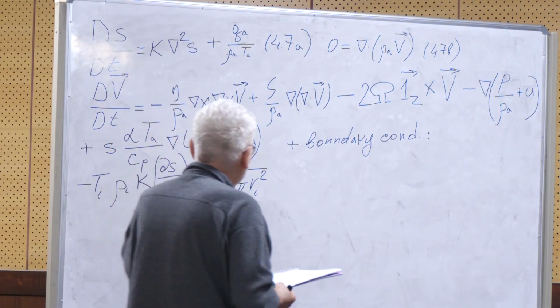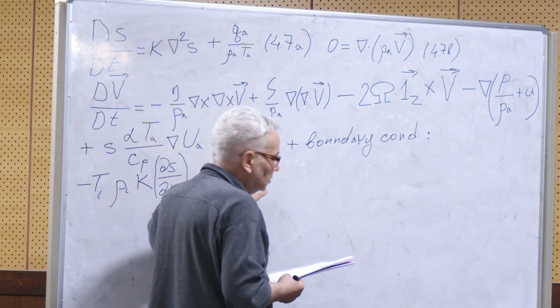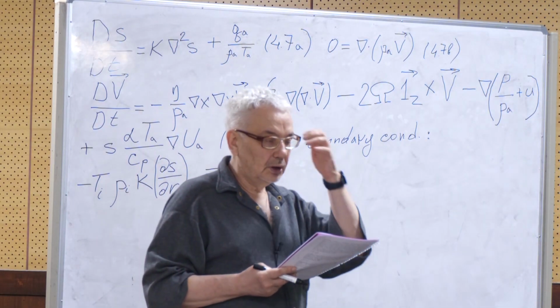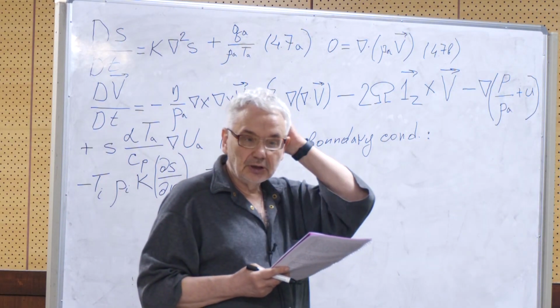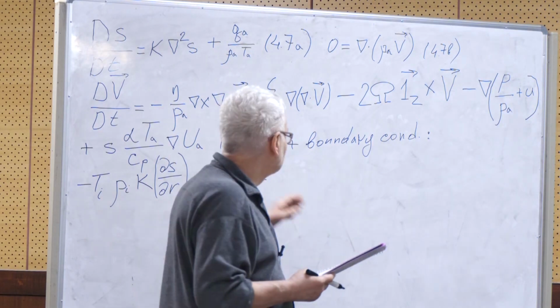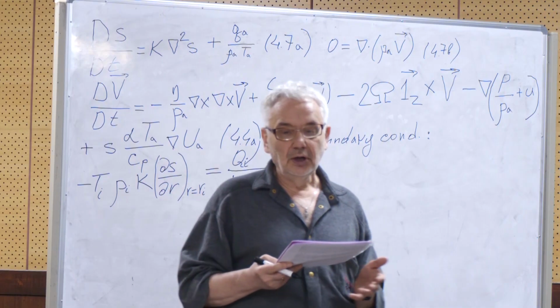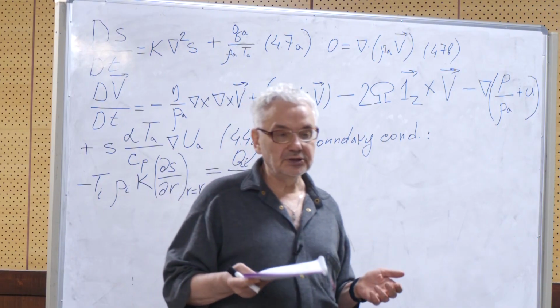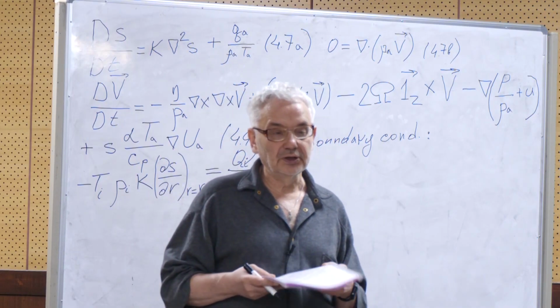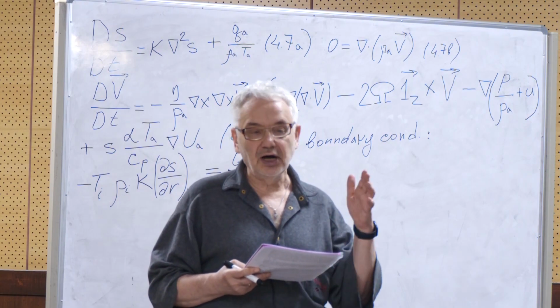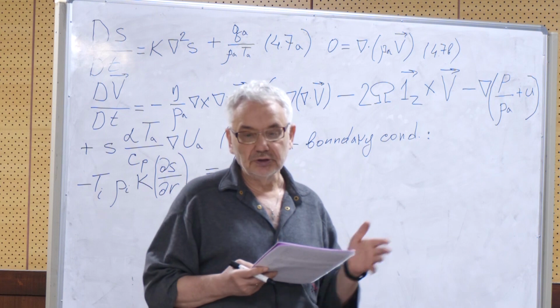So if this normalized heat flux exceeds the adiabatic heat flux, then this heat flux works on creating the convection. In the opposite case, if it's less than the adiabatic heat flux, it's acting against convection. It actually stabilizes this place.